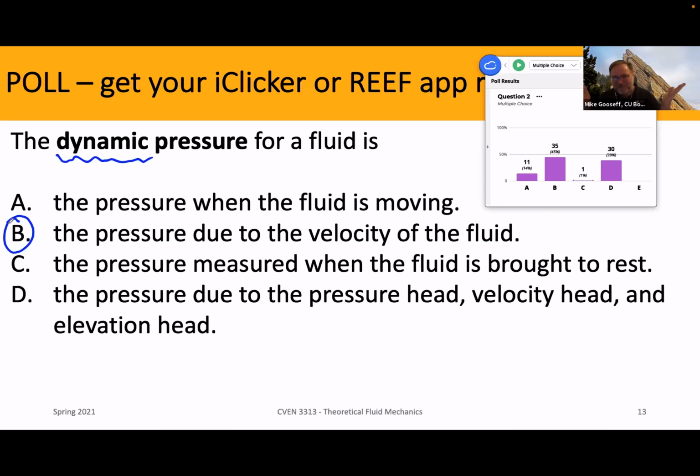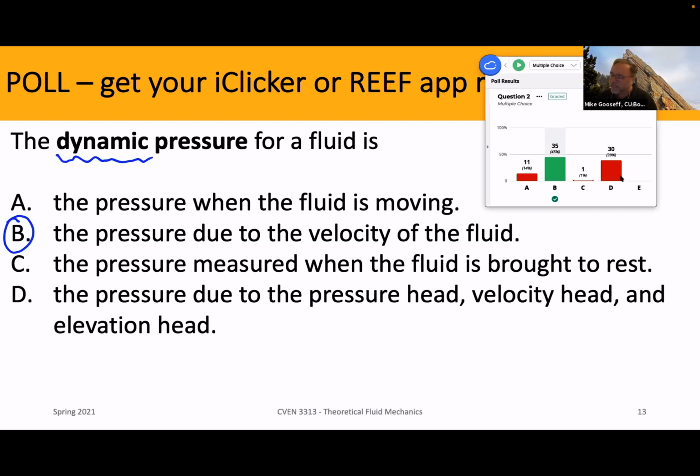So fair enough, it's kind of hard to have B without A, but it really is this pressure due to the velocity of the fluid. So the dynamic pressure is just that velocity head component, expressed as a pressure, so not divided by gamma in that case. So B was correct here for those of you who chose that.